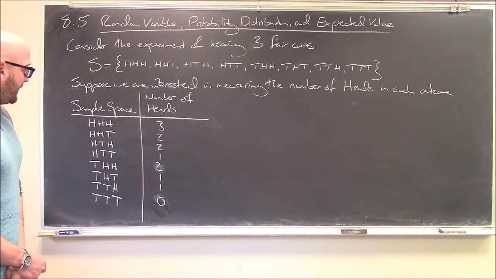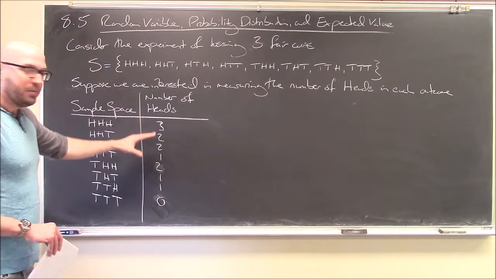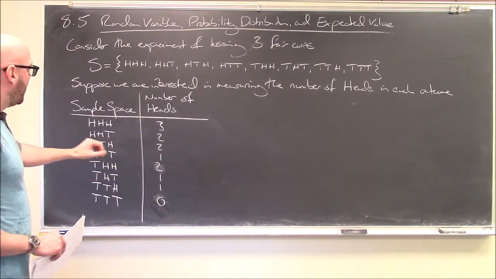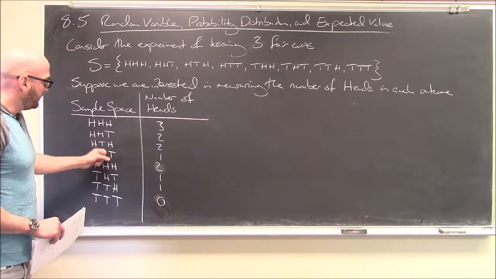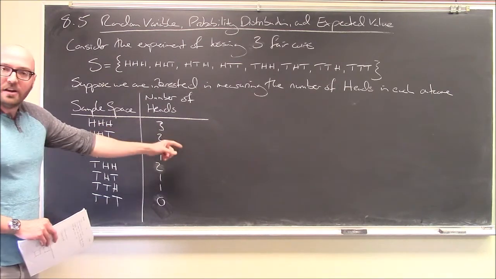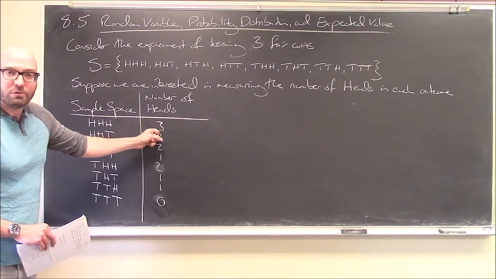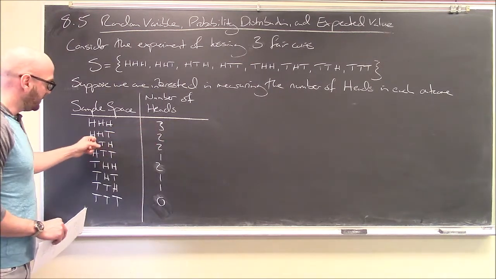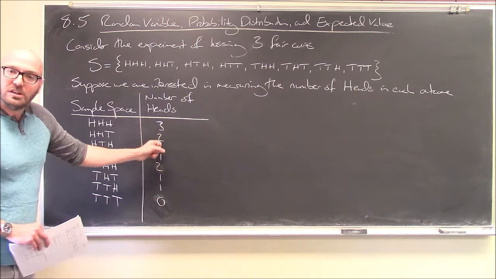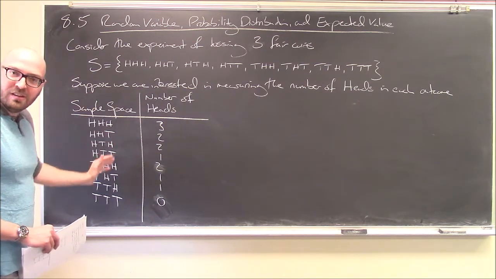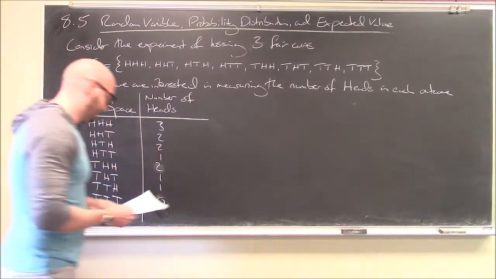And here's where I'm going to get a little bit formal. Of course, this is a simple idea, but what I'm really doing is I have a function. I have a function that assigns a number to every single simple event. For example, HHH gets the number 3 assigned to it. It's the number of heads in HHH. HHT gets the number 2. So I've got a function that takes the elements in the sample space and maps them to a number.